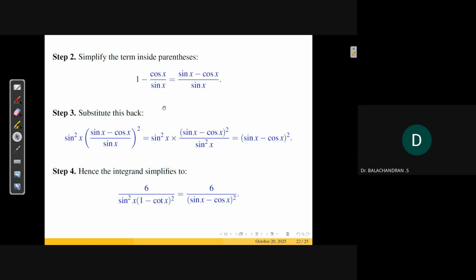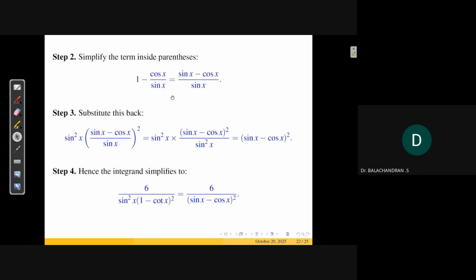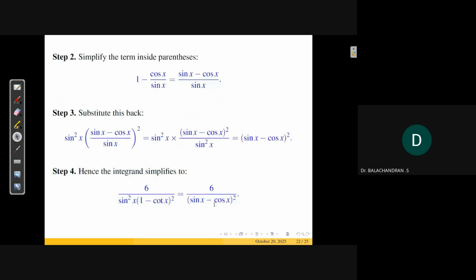Let me explain this. First I take the term 1 minus cos x by sin x, and I took the LCM: sin x minus cos x by sin x. Then again you have sin square x into this term, so sin square x into, instead of that term, you can put this one here. Now sin square gets cancelled, and you have sin x minus cos x whole square.